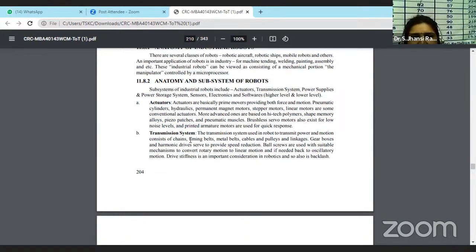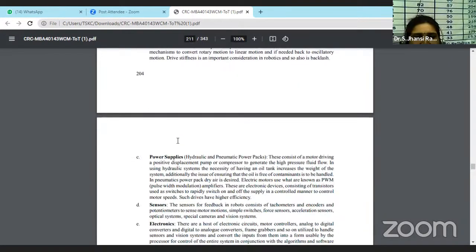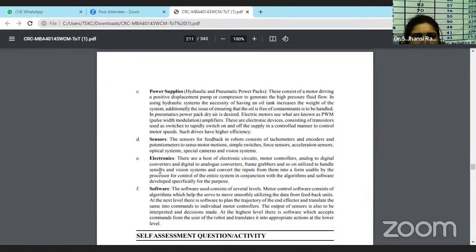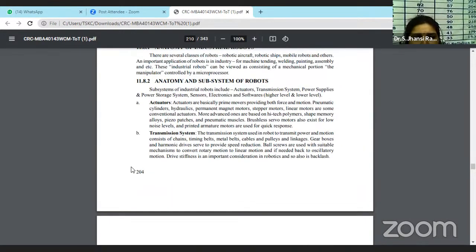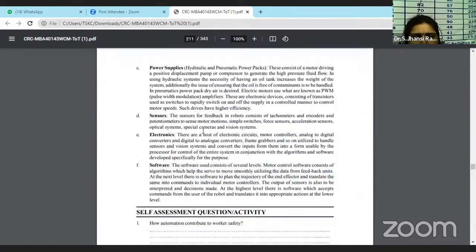We have the subsystems of a robot: actuators, transmission system, power supply, sensors, electronics, and software. Robots include all these parts together. Only because of this do they work, once assembled, and then it comes into the working part.